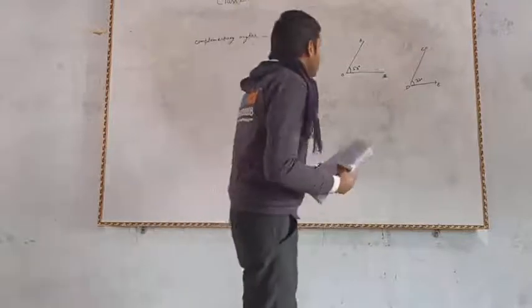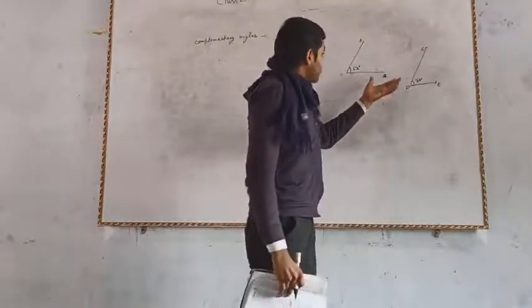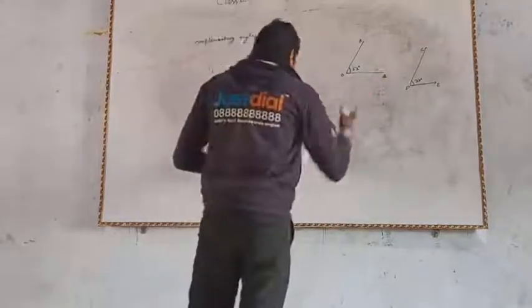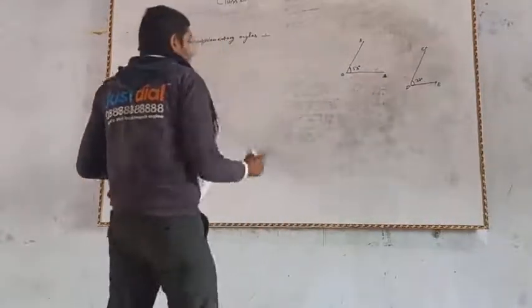Now we can say that if the sum of two angles is 90 degrees, then those angles are called complementary angles.